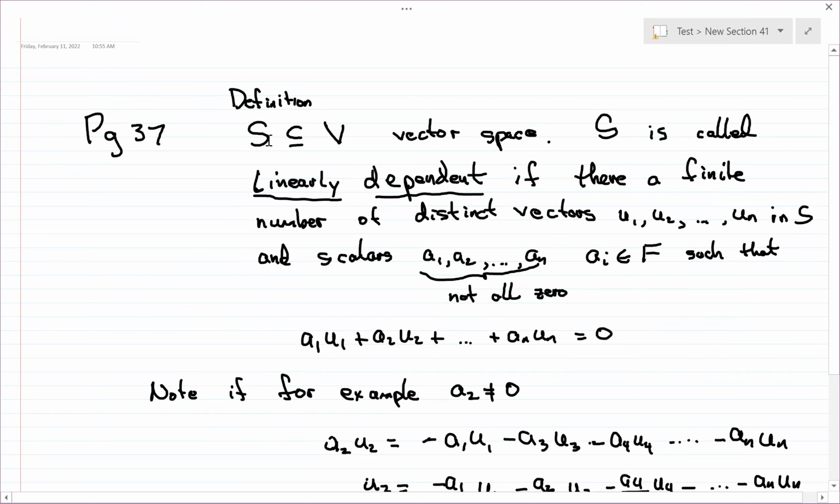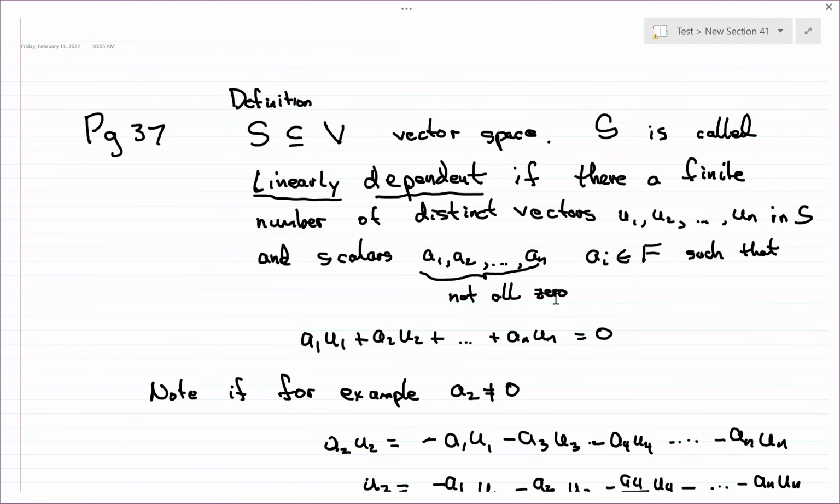Remember, S is not necessarily a space, be careful there. It is a subset. If there are vectors like this and scalars like this, where these aren't all 0, then you would say the set S is linearly dependent. But you could also say that these vectors are linearly dependent. So you can use that phrase for either. Any other questions? Good question, though.